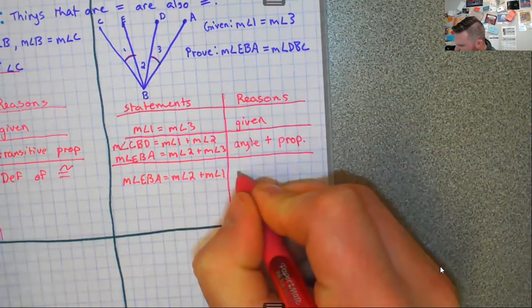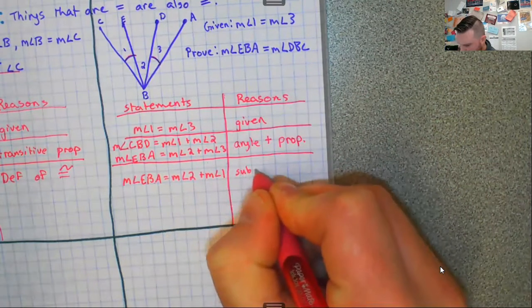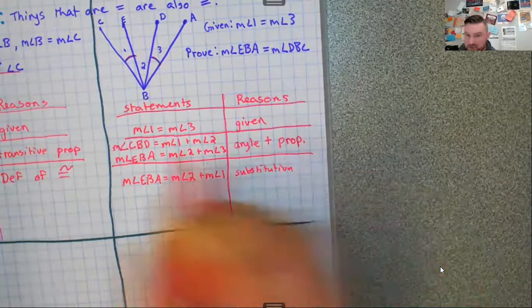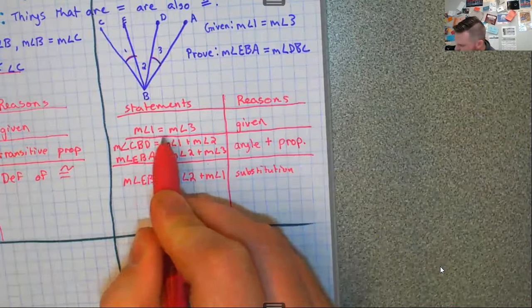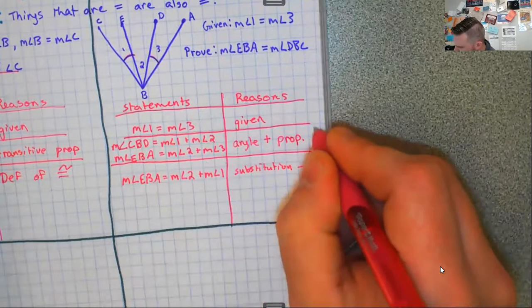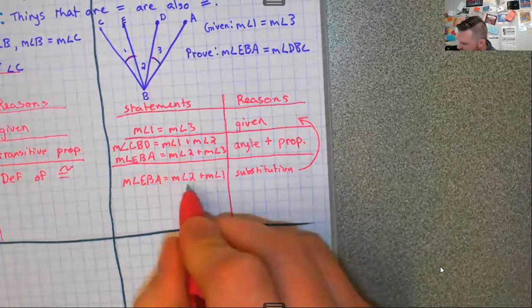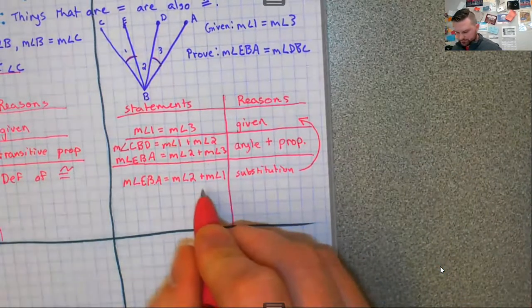And that was substitution. So we use that fact up there to make this statement. You don't have to draw that arrow, but we use that fact up there.